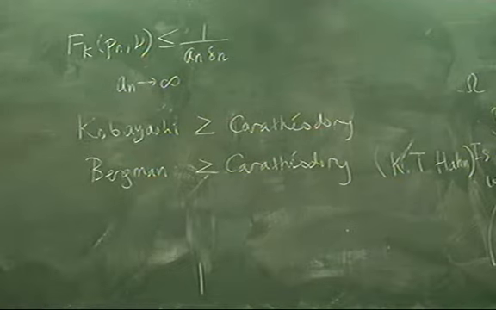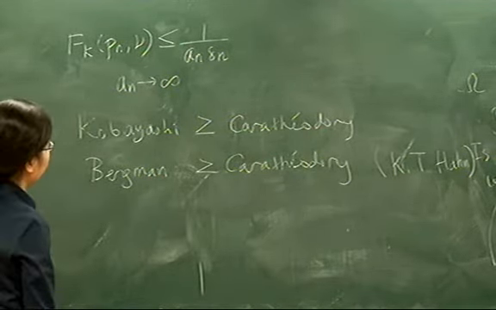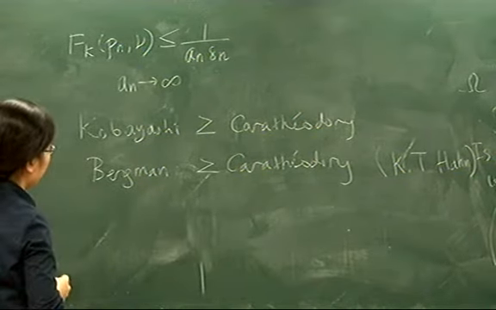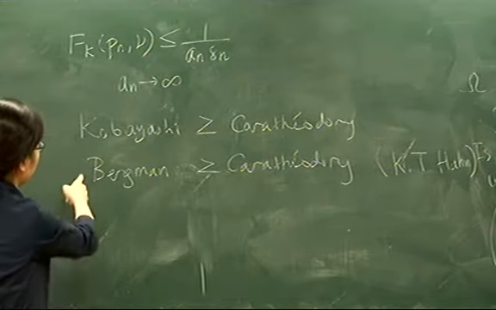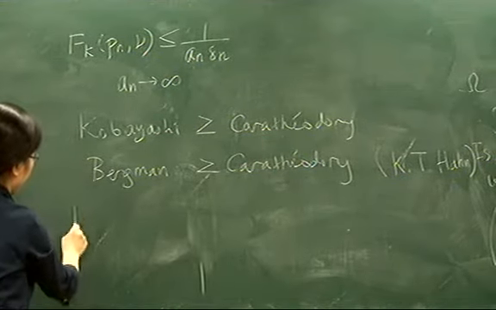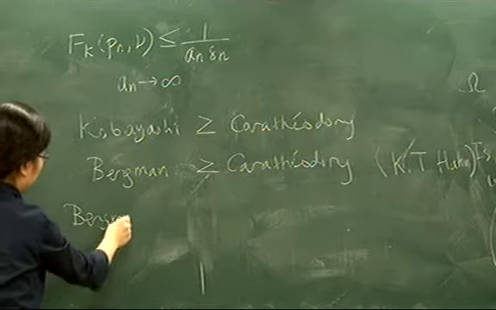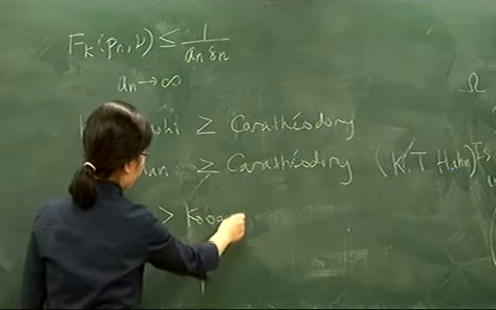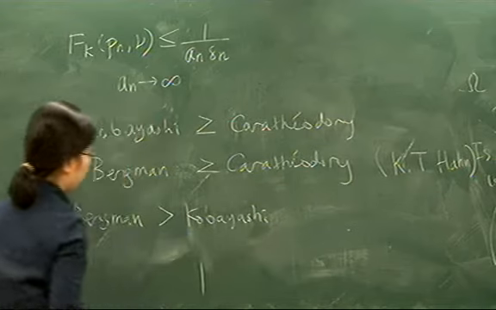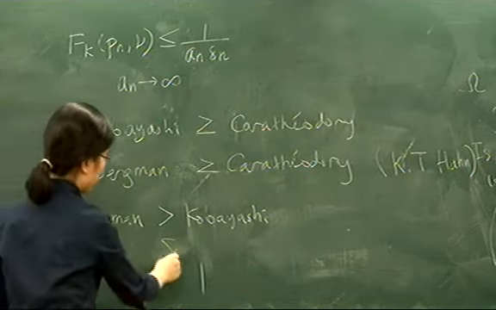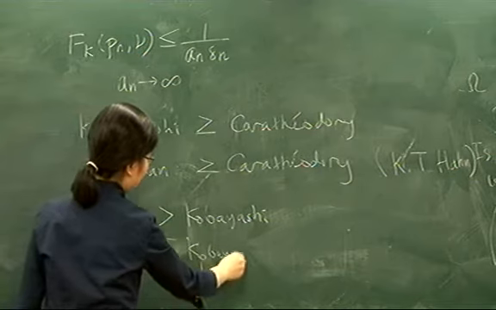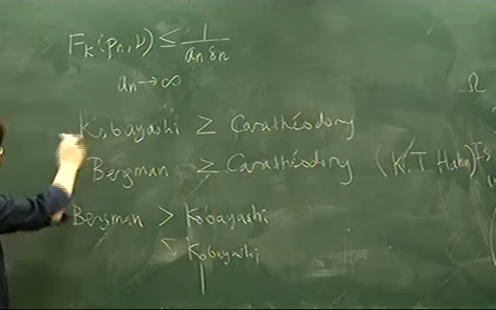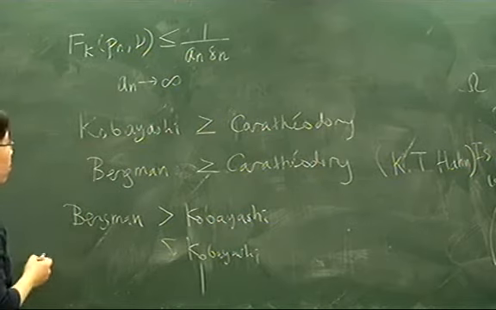It's actually a very simple argument. And between these two, one would expect that Kobayashi is greater than the Bergman, but Bergman is greater than Kobayashi on some domains, and it is less than Kobayashi on some other domains. So there is no uniform inequality between these two. These two metrics are not comparable.